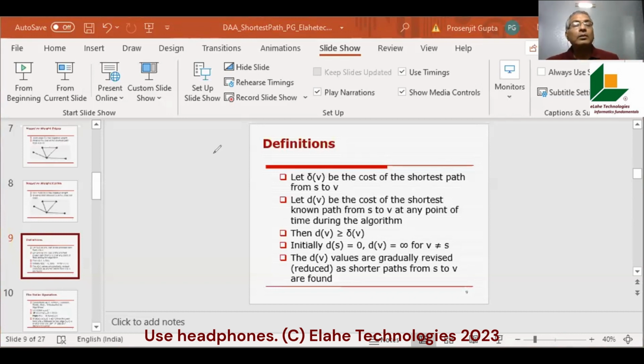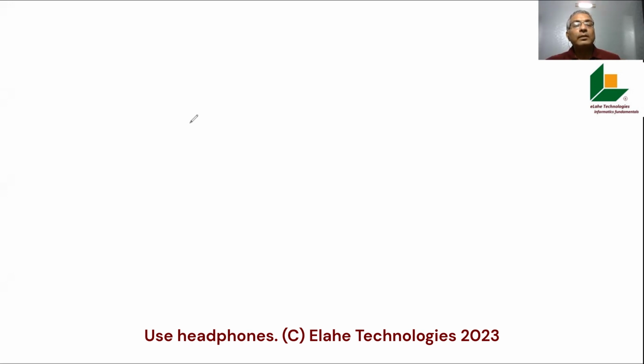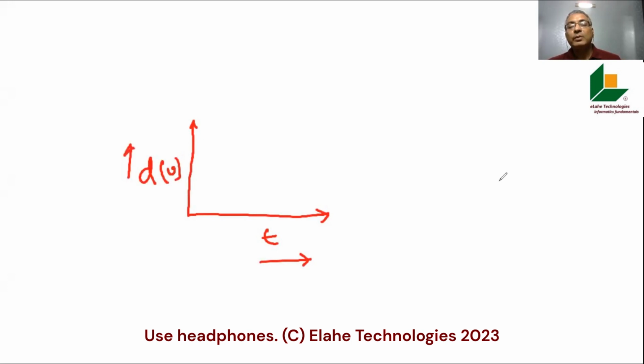Okay. So if you look at the dV values over time, this is my time t, and this is my dV value. So what is the dV value? Remember, you have the designated source node S, and V is any vertex in the graph. And here is my shortest path from S to V, which I have not yet determined. And I estimate delta V, my cost of the path from S to V, with a value dV.